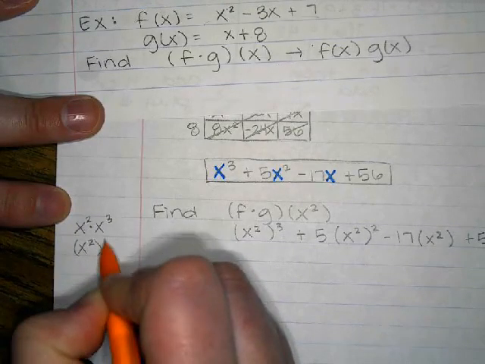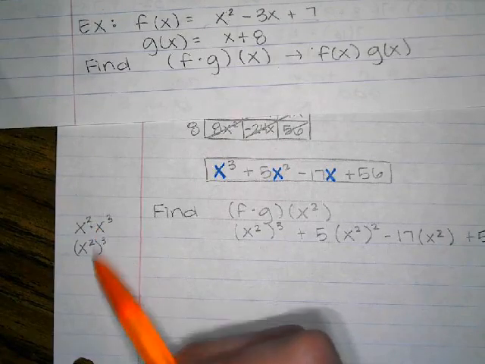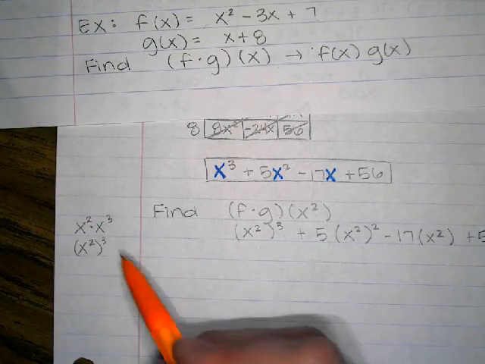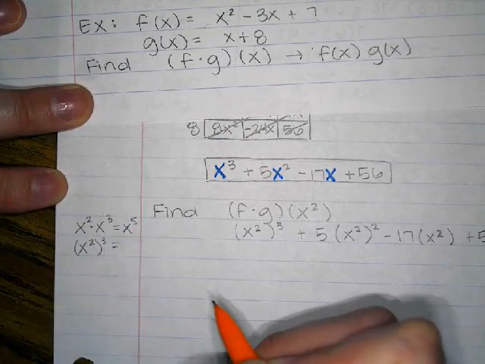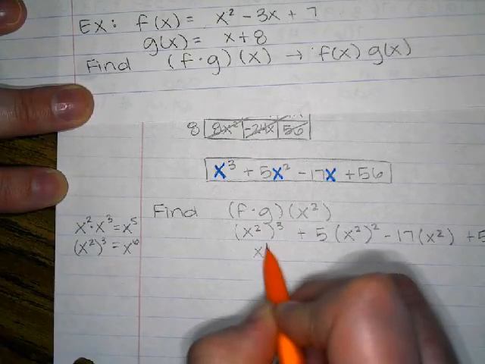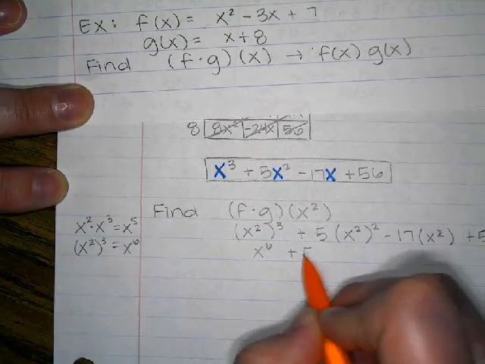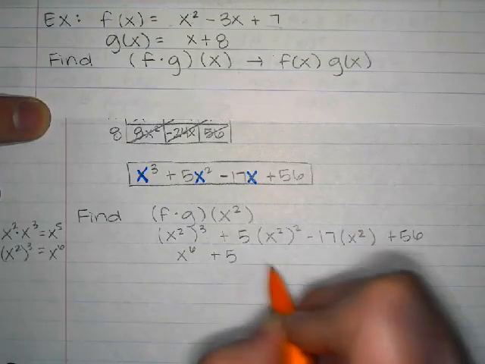The first one adds. This would be x to the fifth. This would be x to the sixth. Okay, so we have to multiply these. This is x to the sixth plus 5x to the fourth minus 17x squared plus 56. Okay?